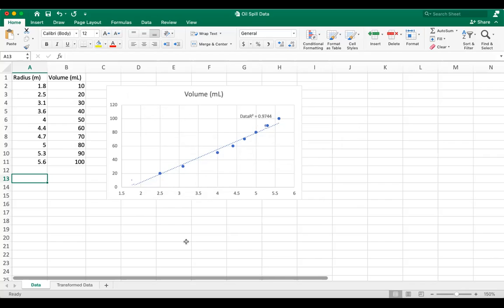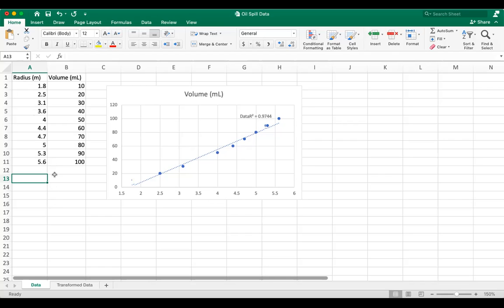The idea here is that the radius is in a one-dimensional unit. The radius is just length, whereas volume is a three-dimensional unit. Traditionally for the volume of a cube, you would do length times width times height. And the radius would essentially be a length.